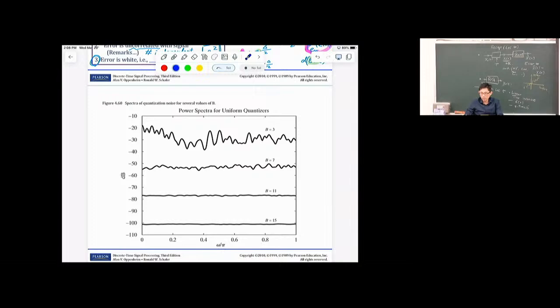So to judge whether or not our signal looks like white noise, we can calculate its power spectrum.